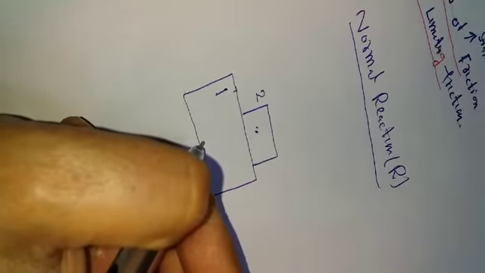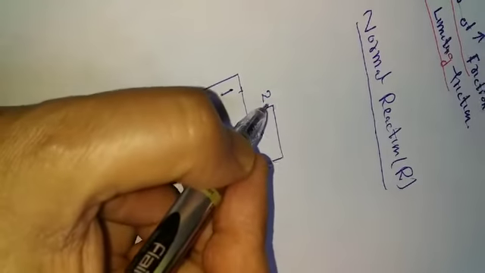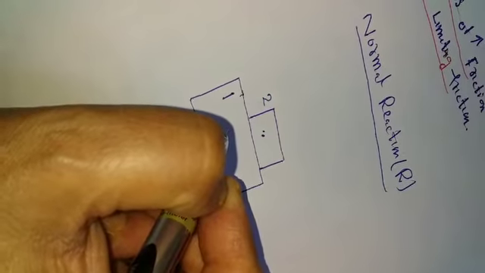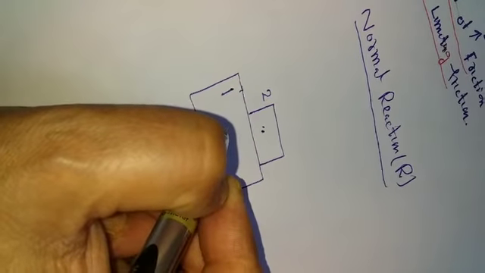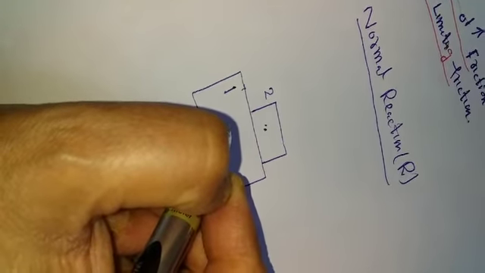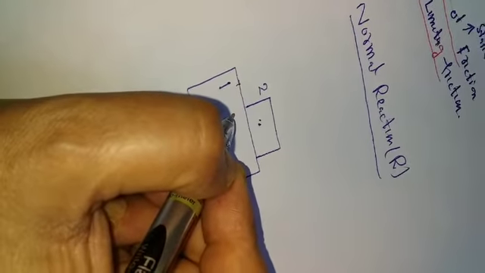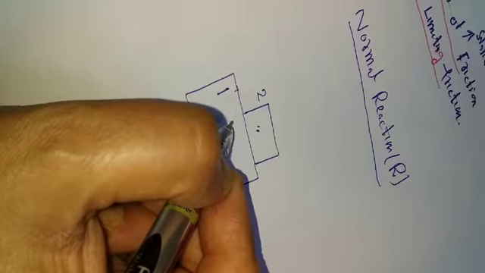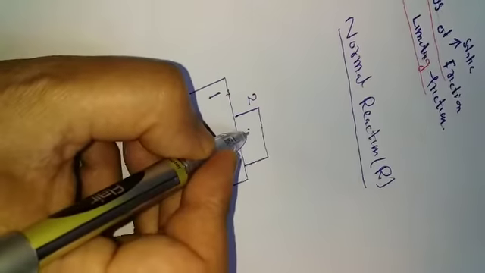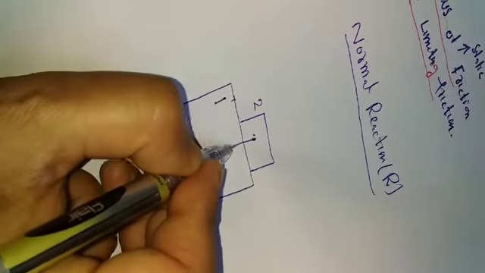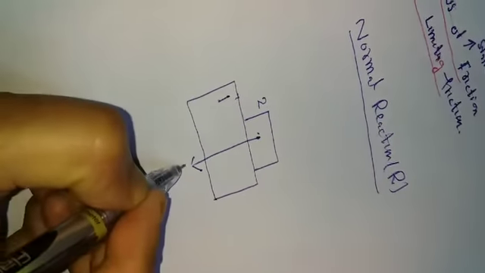Why? Because when body 2 applied force on body 1, as per Newton's third law of motion, body 1 applied a reaction force in the upward direction equal to the weight of the body. When body 2 applied a force on body 1, as per rule it should come down. What is the force?